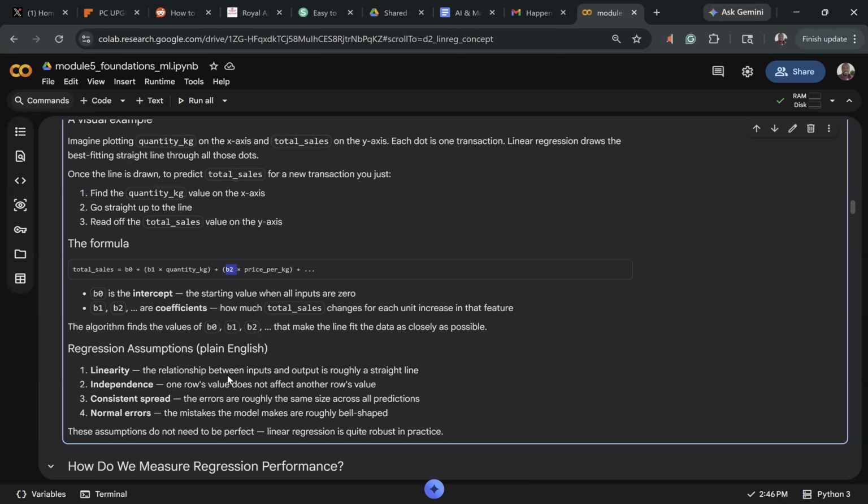We also want to make sure we have a normal distribution. When you plot your data on a histogram, you want to make sure they have a normal distribution, that means the spread is normal. And you want to have normal errors: the mistakes the model makes are roughly bell-shaped.